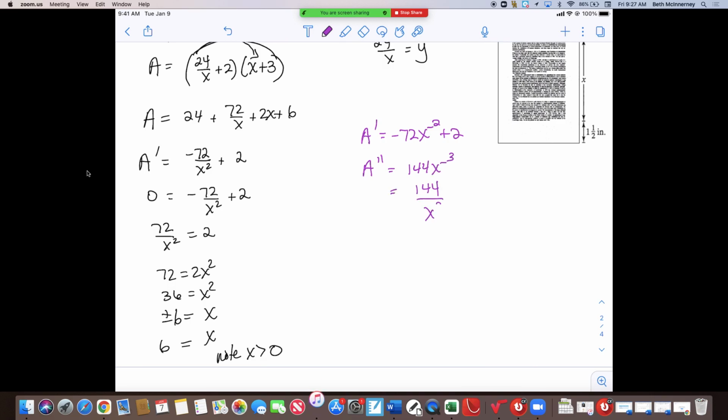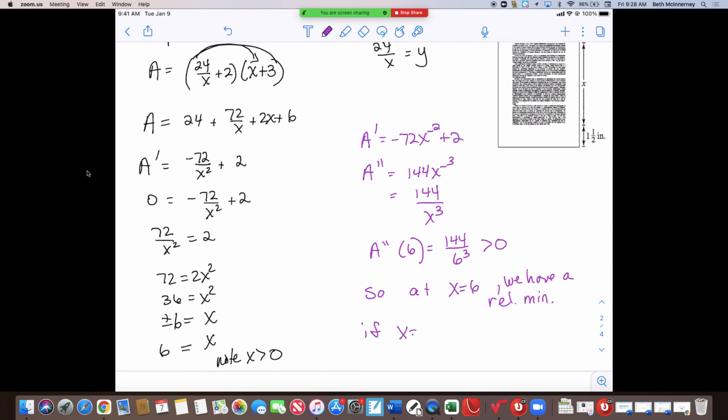I went ahead and did the second derivative test because that second derivative was pretty easy to do. And remember, you don't always have to get the number, but it's positive. So at x equals 6, we have a relative minimum.